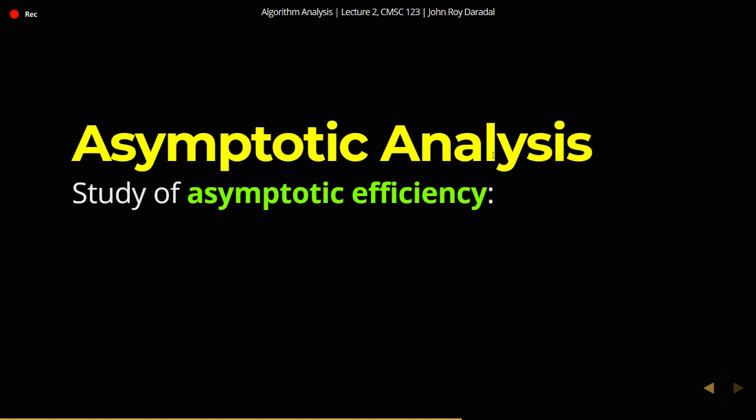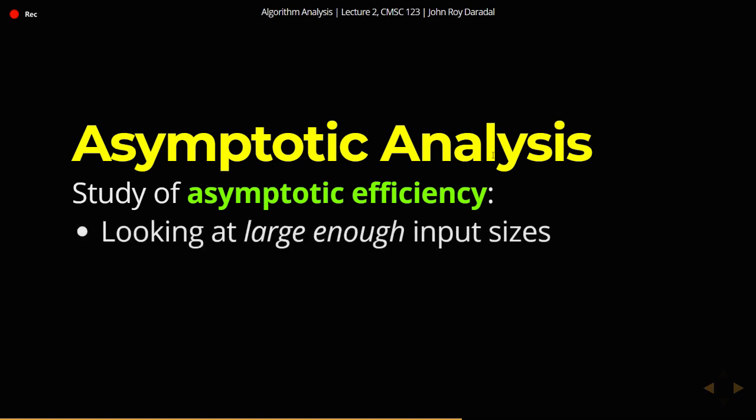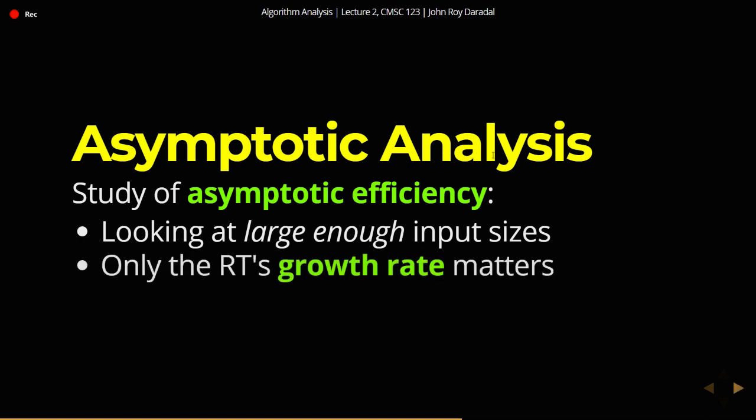So big O notation is actually part of asymptotic analysis. Asymptotic analysis is the study of asymptotic efficiency, wherein you only look at large enough input sizes so that only the running time's growth rate matters.